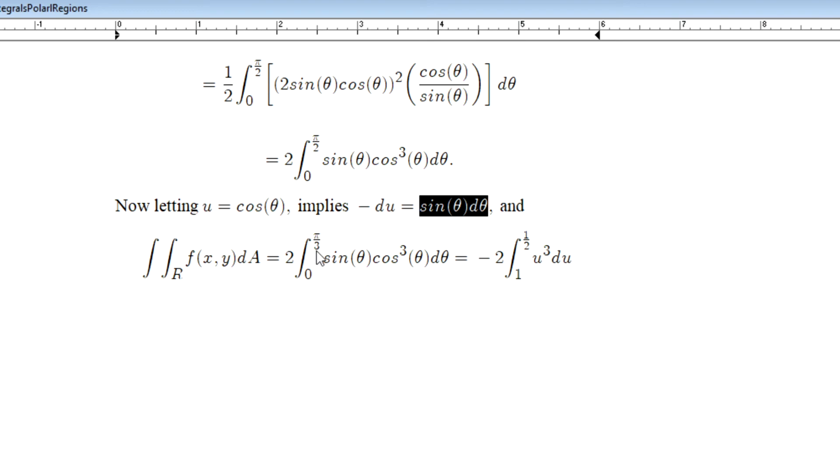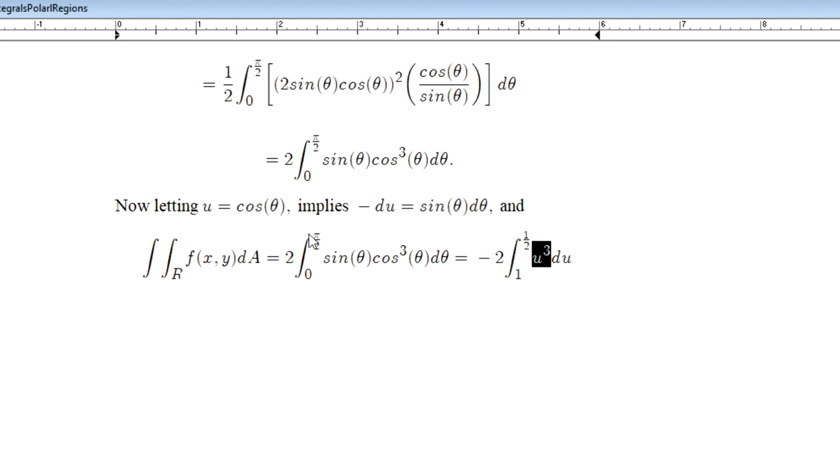And if we go down here into our substitution, and we substitute in for sine theta, negative du, that will turn into negative 2 du in our result here. If the u goes in for the cosine theta, that would become u cubed in our integrand. And then for our bounds, if I plug 0 in for cosine theta, that does become the value of 1.